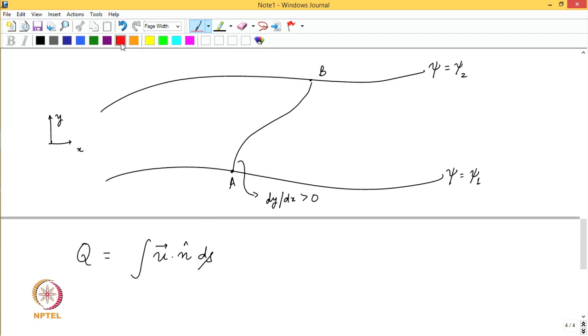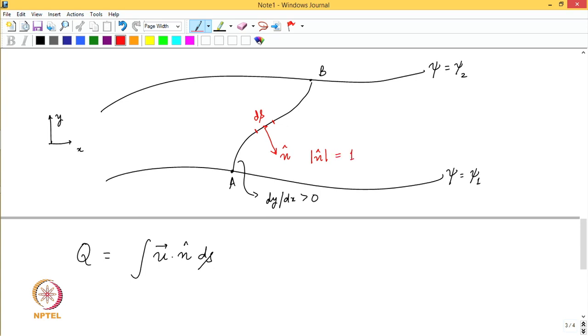So, basically if we take a small element, which I am going to represent by a large element here only for the purpose of visual clarity. If I take an element which has a length of ds along this curve AB, say we are going from A to B. So, anyway the ds will be pointing from A to B. The normal vector to this point would be in this direction, and that is a unit normal, which means modulus of unit normal is 1.